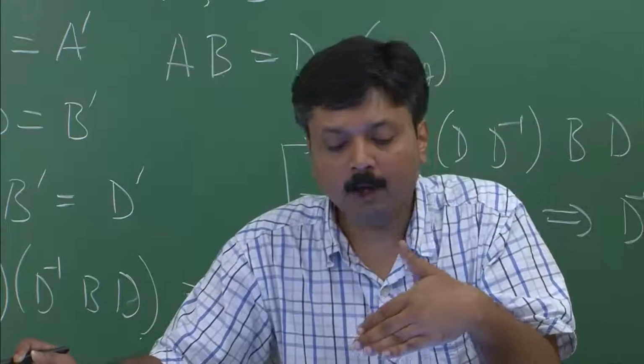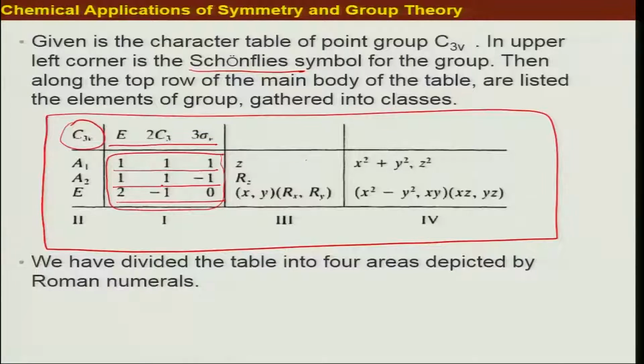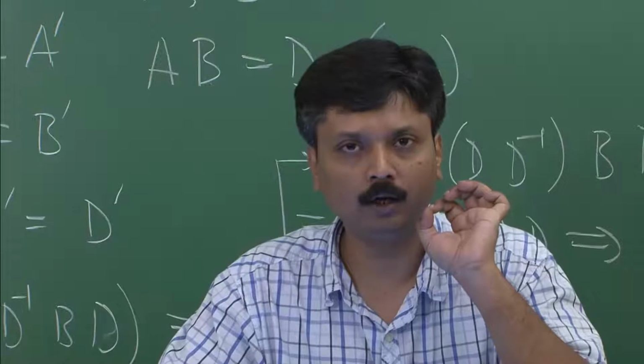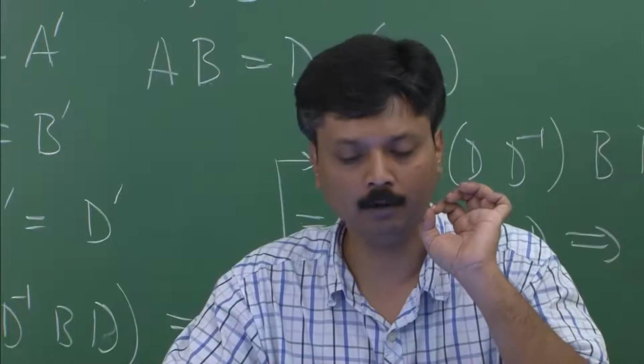The number of rows, that is, the number of irreducible representations possible for a particular point group, is fixed. By doing an exhaustive analysis, people have already figured out the maximum possible number of irreducible representations for that point group.